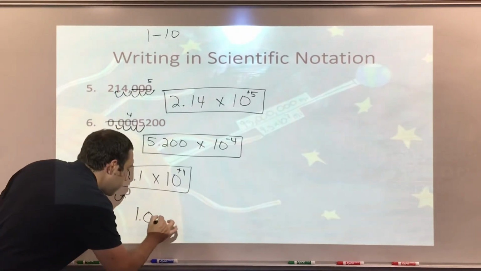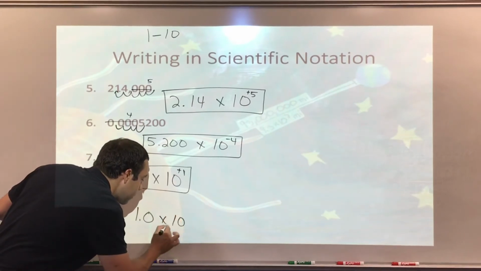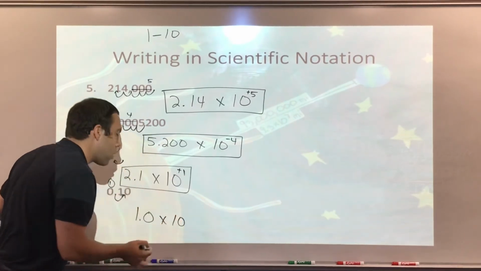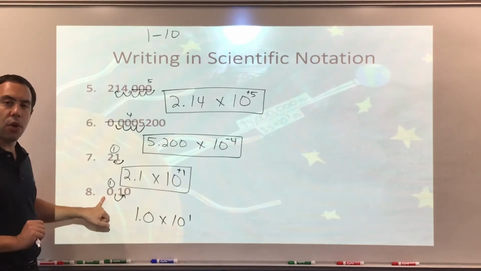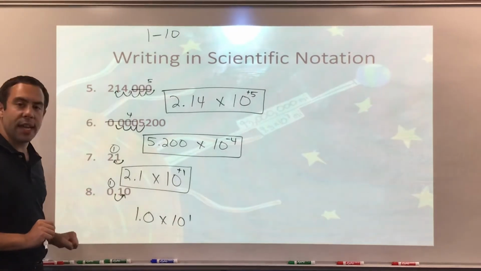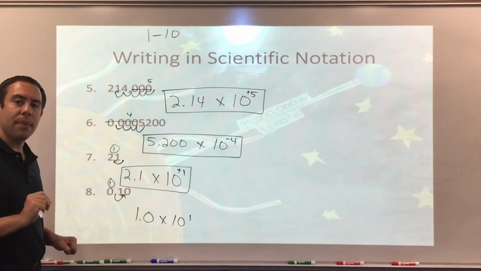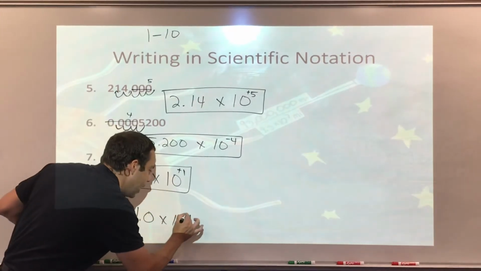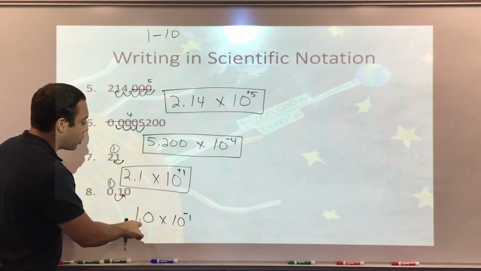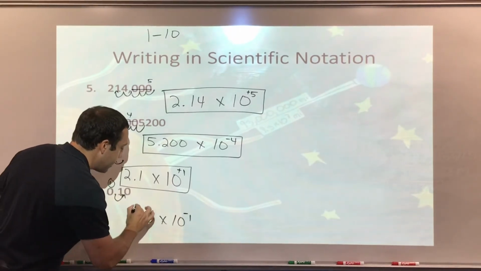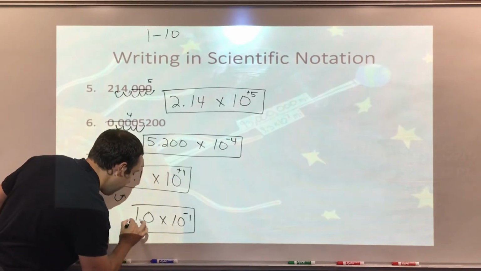Step 3, times 10. Step 4, raise to the first power. But since 0.10 is a smaller number, and you move the decimal point to the right, that means the exponent is going to be negative. So 0.10 in scientific notation is 1.0 times 10 to the negative first power.